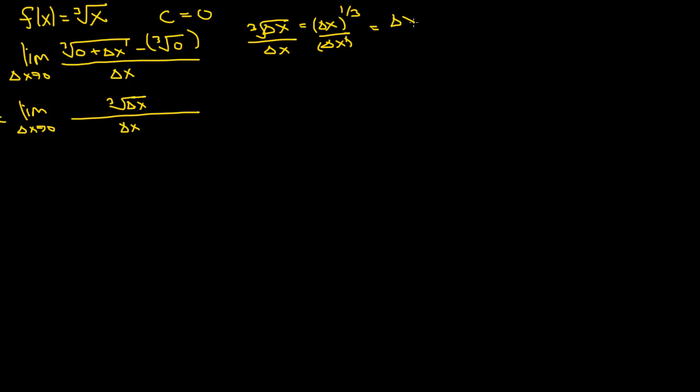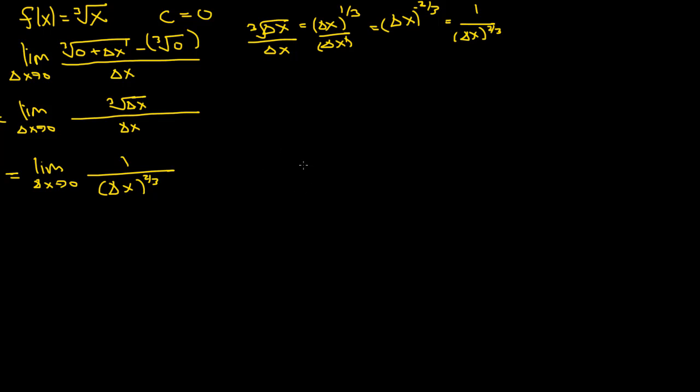That is delta x to the 1/3 minus 1, so that's the negative 2/3 power, which equals 1 over delta x raised to the 2/3 power. So it equals the limit as delta x goes to 0 of 1 over delta x raised to the 2/3 power.